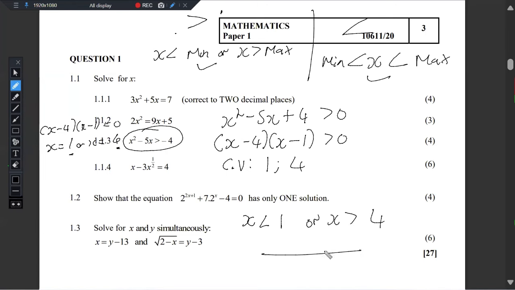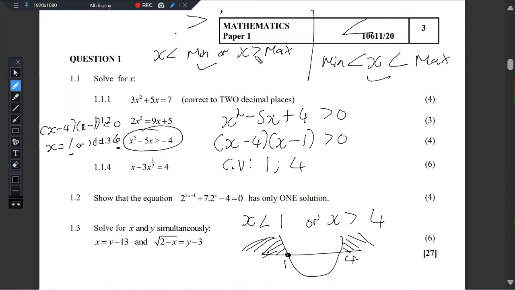If you want to present it graphically, this is it. You will have your 1 and your 4 here, and then you just shade this part here to indicate that your values are outside the critical values. So x is less than 1 and x is greater than 4.